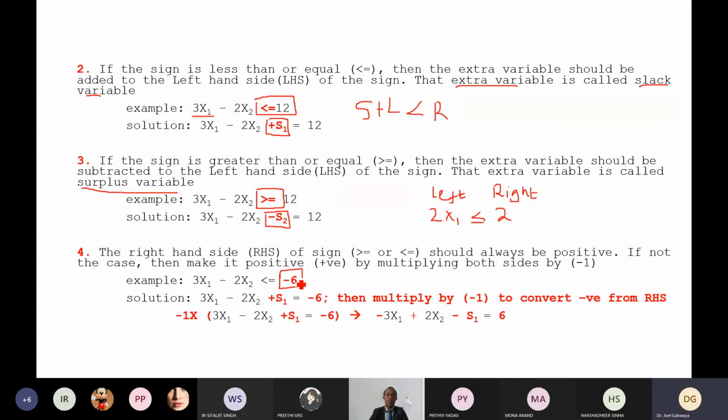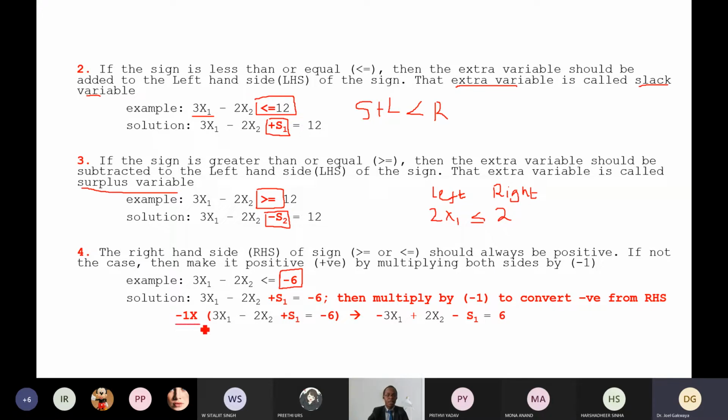Okay? What do we do? Remember rule number 1. Rule number 2: if the sign is greater than or equal to, then we have to subtract. Here we added to convert inequality into equality. After adding, we have to multiply by minus 1 in order to convert the right side into positive. This is what we did.